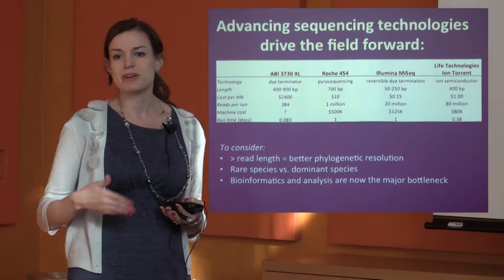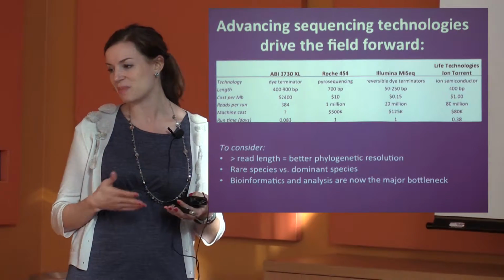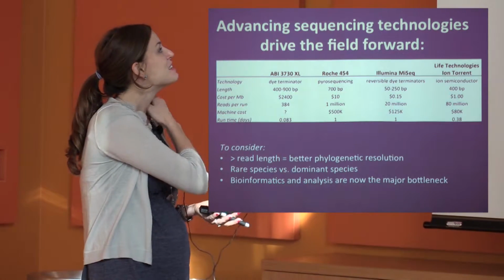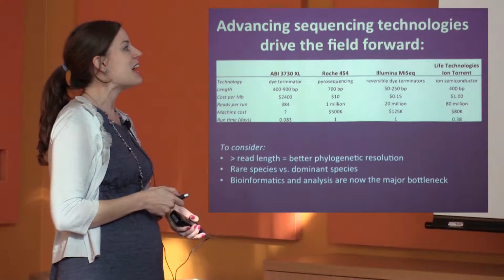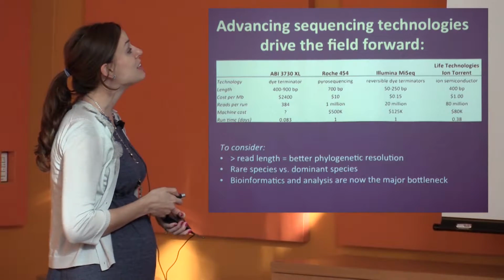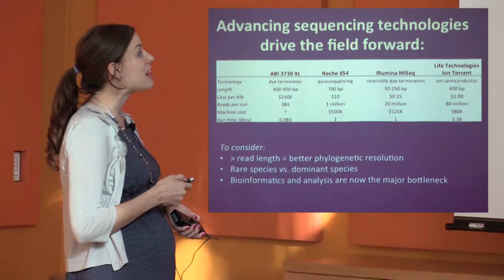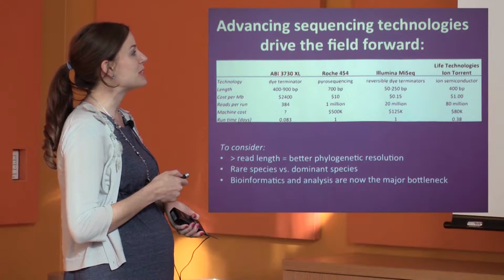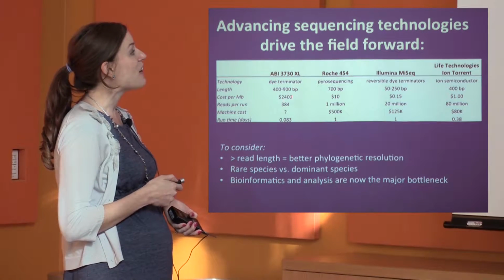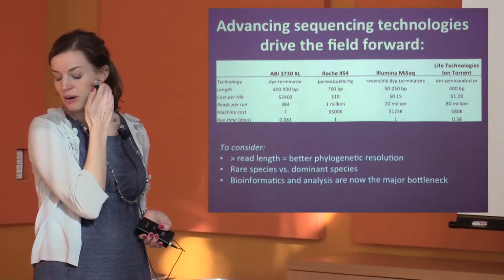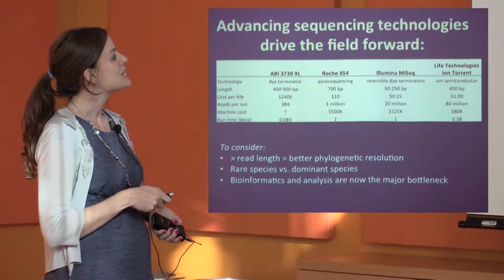I don't know if anyone has taught you about sequencing technology in general, but this is just an idea to give you how much we've advanced. When I was a postdoc fellow, we were using this type of sequencing, ABI, and it cost about $2,400 per megabase, per million base pairs.